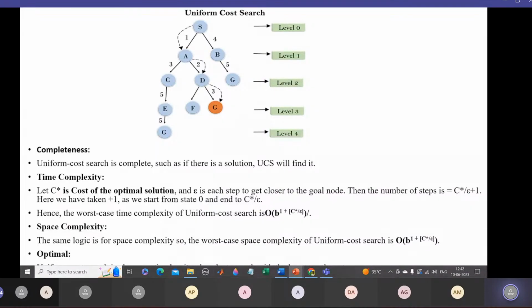Which is the lowest cost? 1 is the lowest cost. So you have to choose that path from S to A. Now I'm in A. I have to choose the lower cost. Which is less, 3 or 2? 2 is the lesser cost. So I move from A to D, and from D you can reach G. So with the lowest cost, you are reaching the goal node.